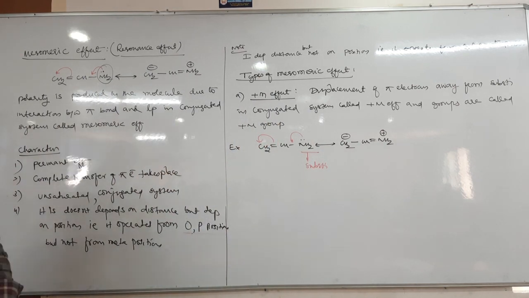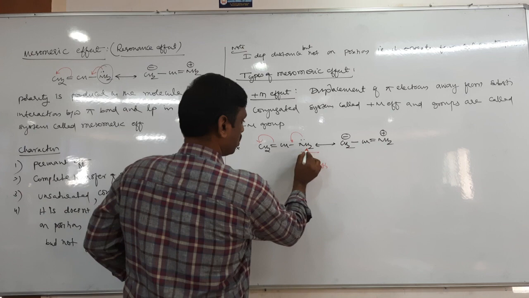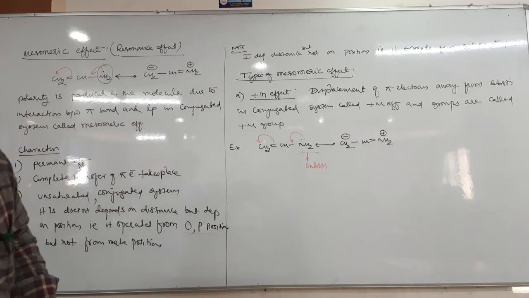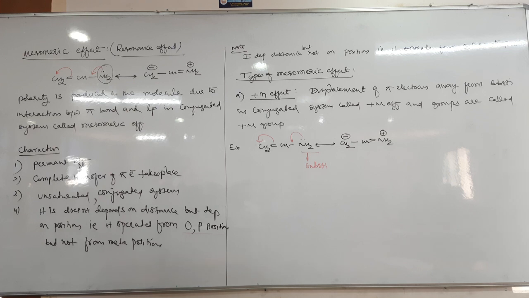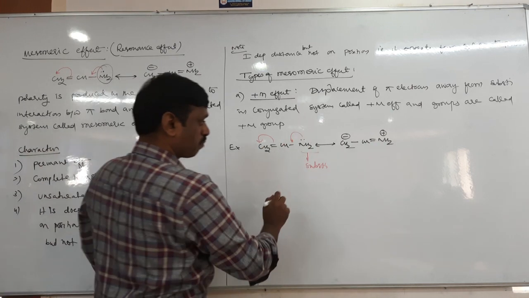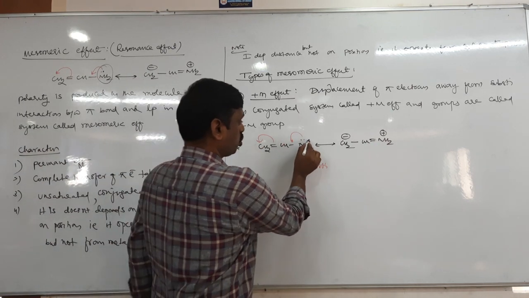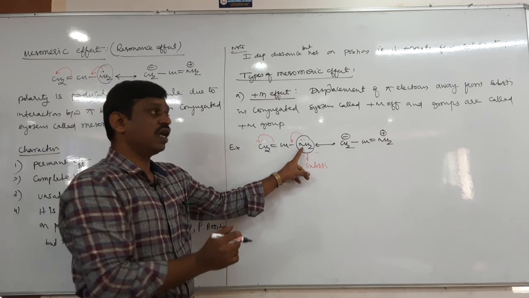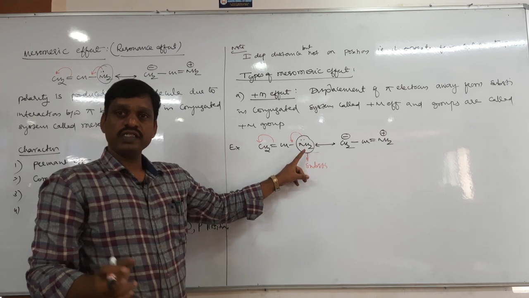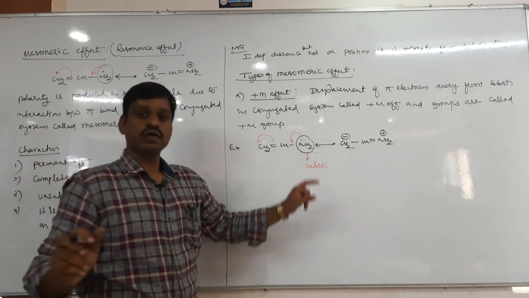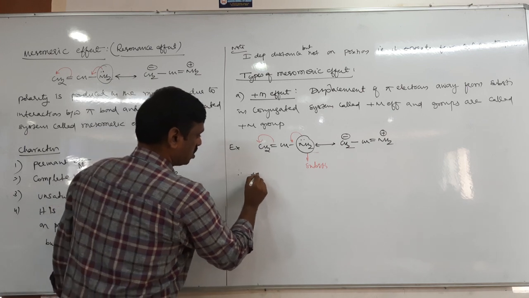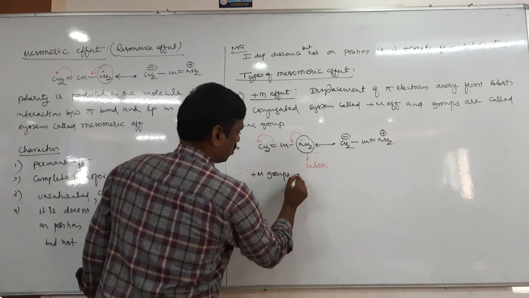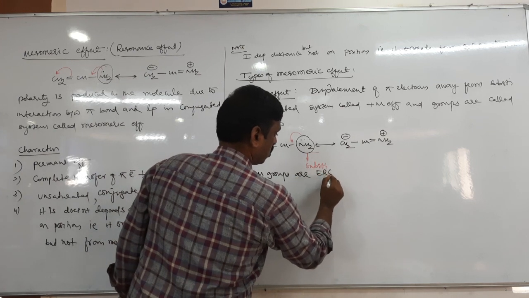Then displacement of electron takes place towards or away? It is away from the substituent. It means electron releasing, electron withdrawing? That means plus M groups are electron releasing groups.